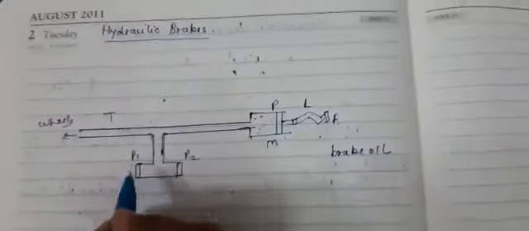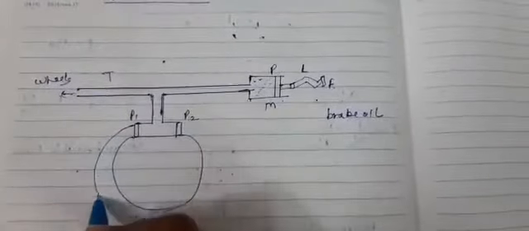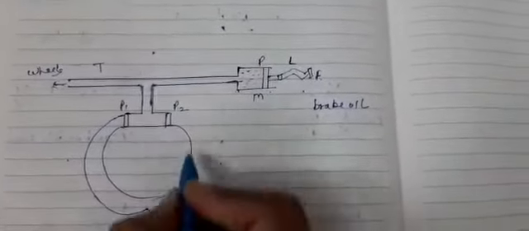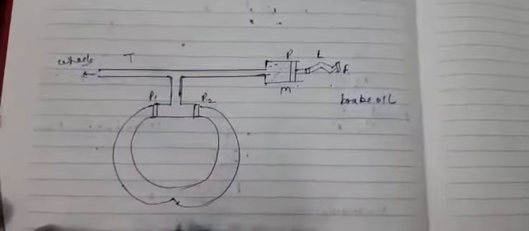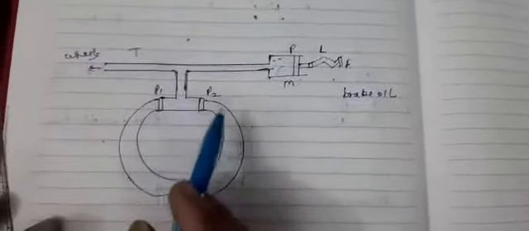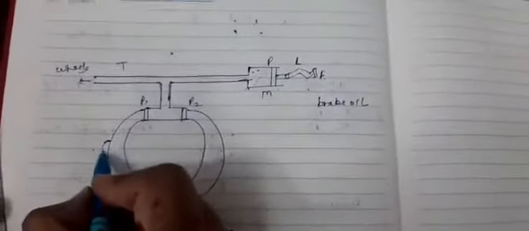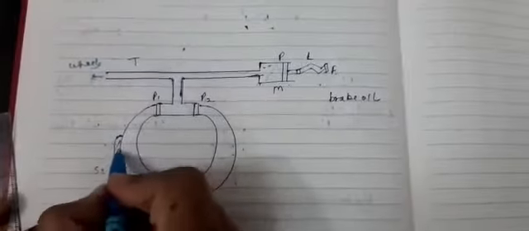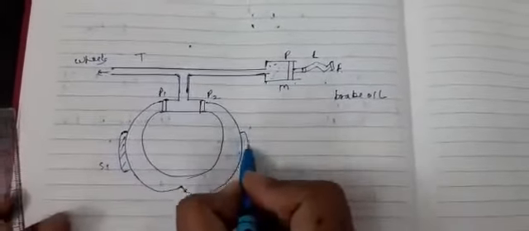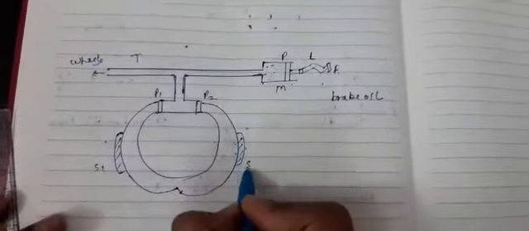I will draw this wheel like structure, and from here I will also draw the surrounding part. And now these two pistons are connected to brake shoes. Here this is one brake shoe S1 and this is another brake shoe S2. They should be symmetrical, properly circular in shape.